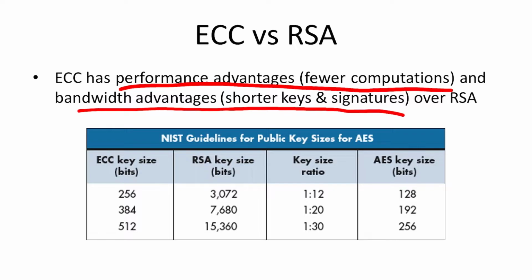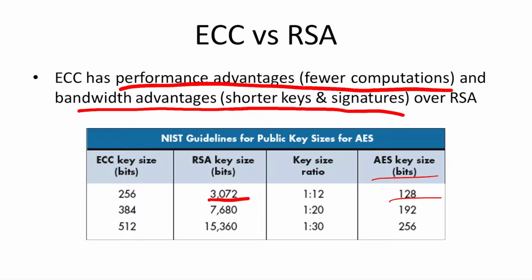So this table here shows the NIST guidelines for the required public key size to use with RSA and elliptic curve cryptography, depending on what symmetric key size is being used with advanced encryption standard. For instance, for a 128-bit symmetric key used with advanced encryption standard, the key size we would need for RSA for the public and private key should be 3072 bits.